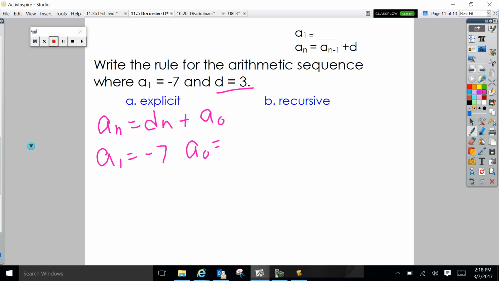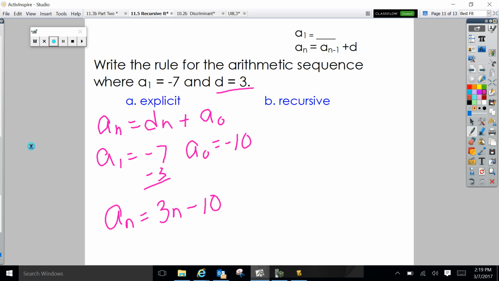So if you're adding 3 every time, you have to go backwards, and negative 7 minus 3 is going to be your a sub 0, or the term before your first term, negative 10, which you need for the explicit rule. So then your explicit rule, a sub n equals, d is 3, so 3n minus 10.